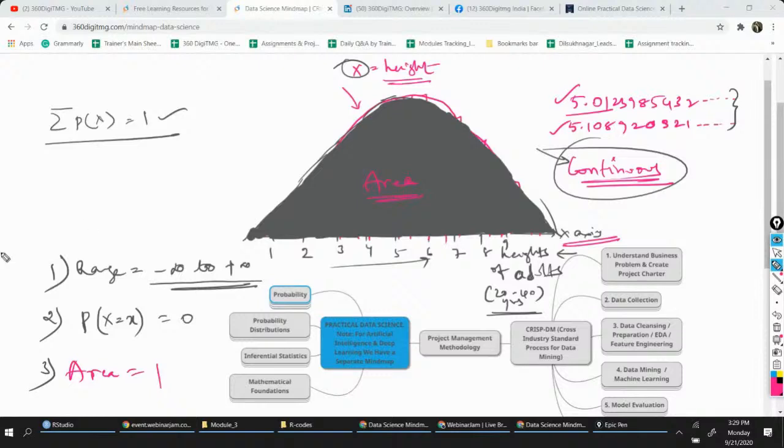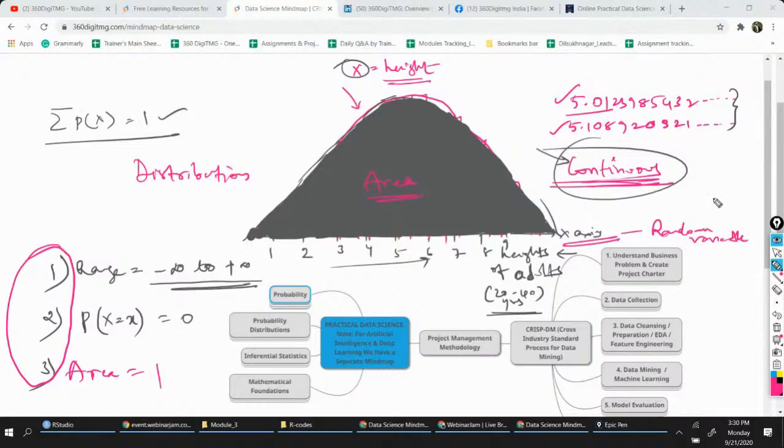So these are the 3 properties that you have to remember, and these properties are actually explaining us the distribution of the data. What data? Distribution of a continuous random variable. The data is called a random variable because they are randomly changing. We don't have any control on the random variables.